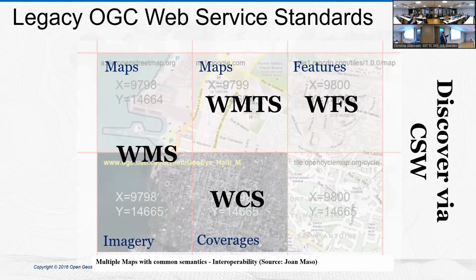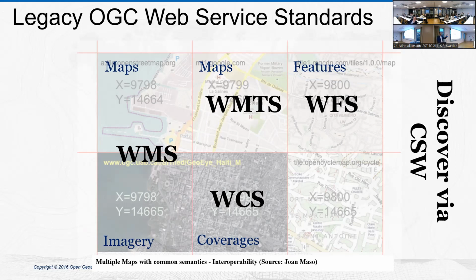They each were able to supply content to the end user in the fashion that the end user needed to consume. If you wanted to just look at rendered map content in your browser or application, you pulled up a WMS. If you wanted that map content to be tiled and more efficiently delivered, you asked for a Web Map Tile Service.